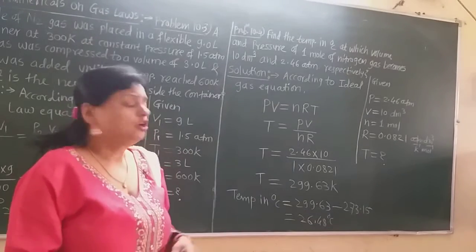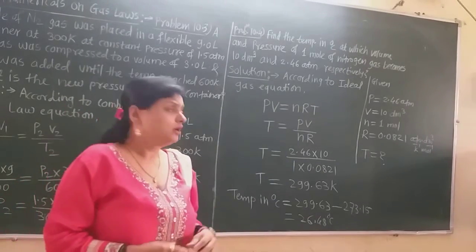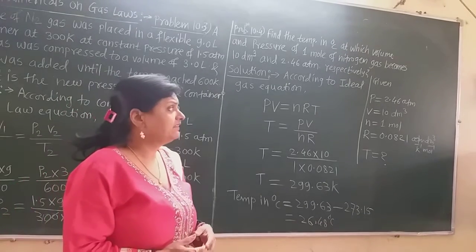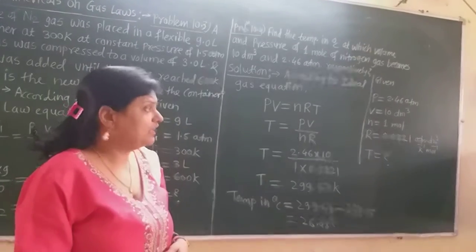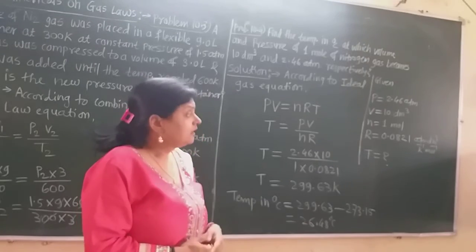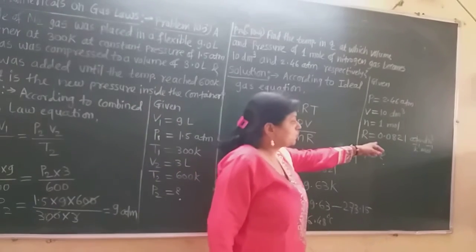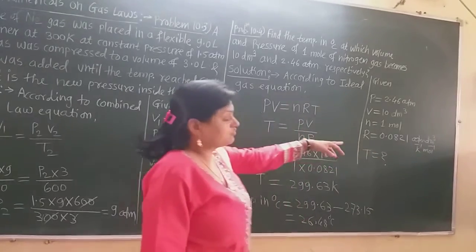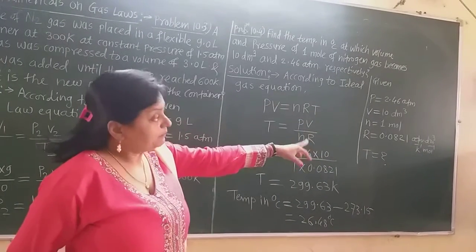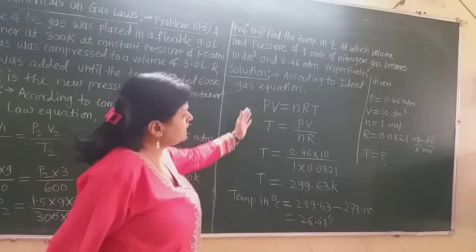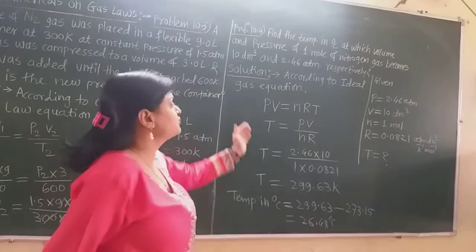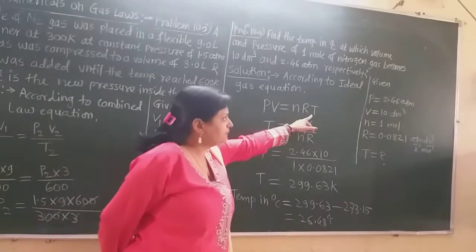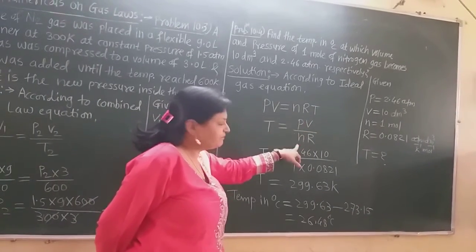R is not given, but as the pressure is given in atm and the volume is given in decimeter cube, the value of R we have to take is 0.0821 atm decimeter cube per Kelvin per mole. Now only substitute. What is the ideal gas equation? PV is equal to nRT. Here we have to calculate the temperature, so T is PV divided by nR.